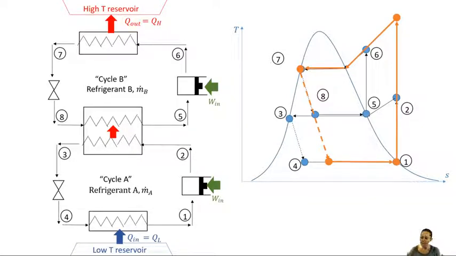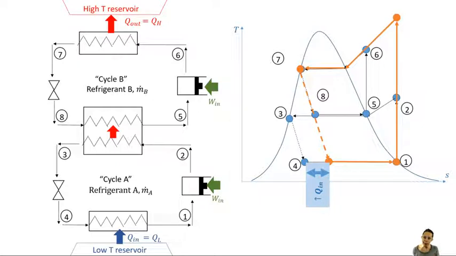What we see is that you are pulling heat out of that refrigerated space and adding the heat to your cycle between states 4 and 1. And if I compare these two scenarios, I can see that if I use a cascade refrigeration cycle, I'm allowed to pull out even more heat from that refrigerated space.